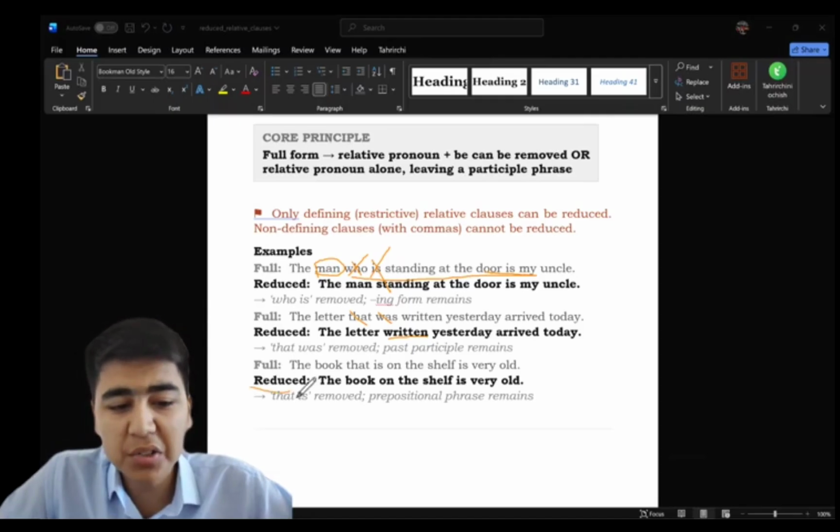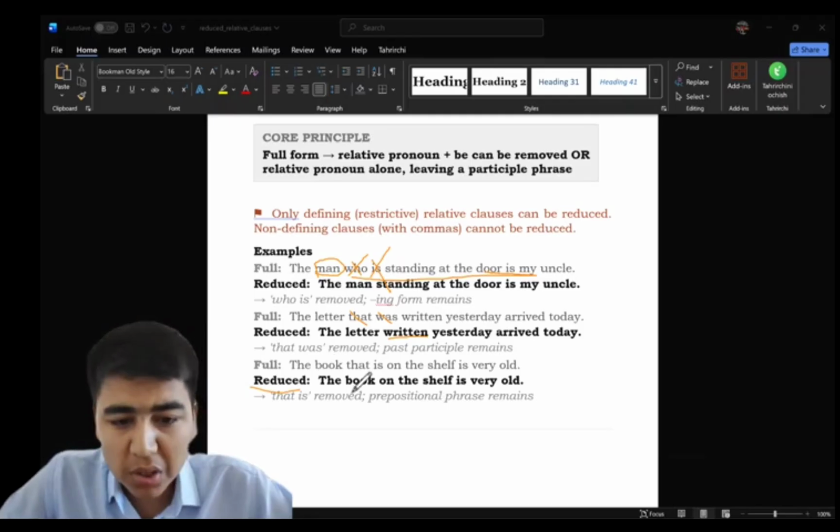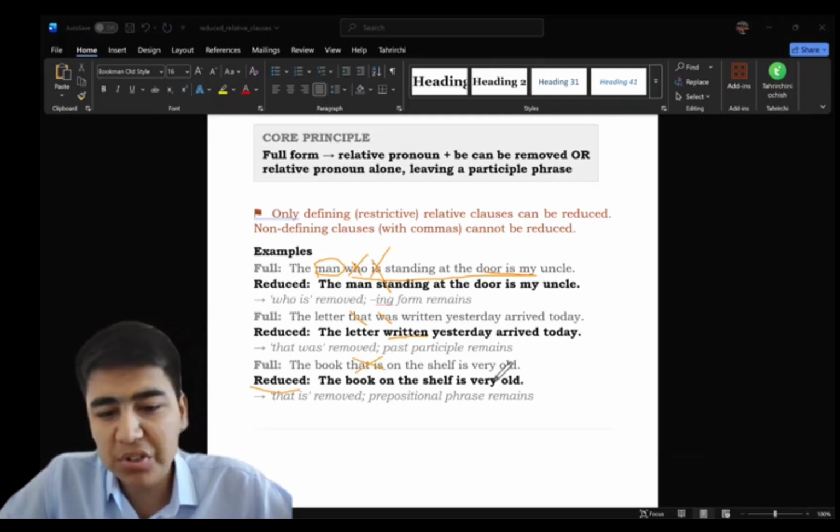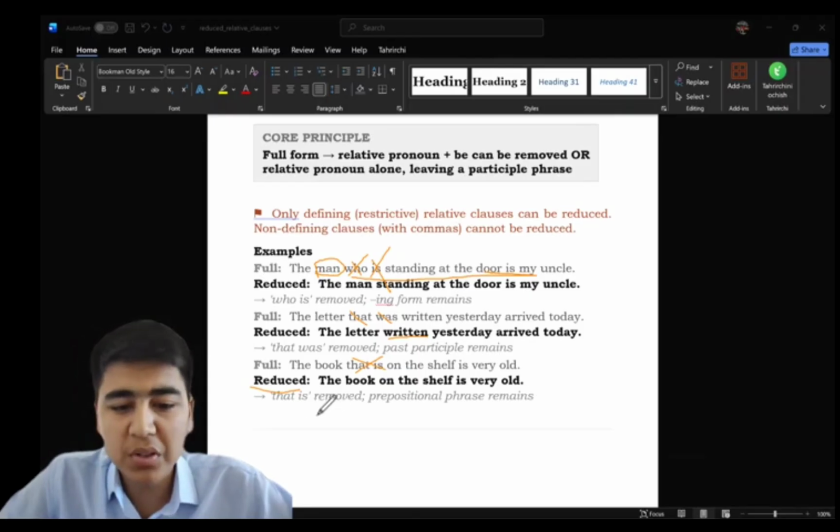So the book on the shelf is very old. Here we just removed the that is part. The book on the shelf is very old. That is is removed and the prepositional phrase remains. Here we mean the on the shelf part, it is a prepositional phrase.